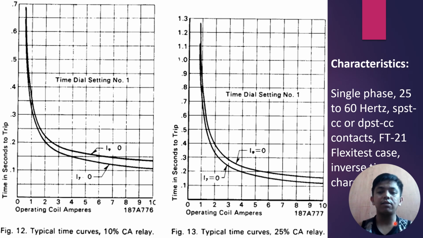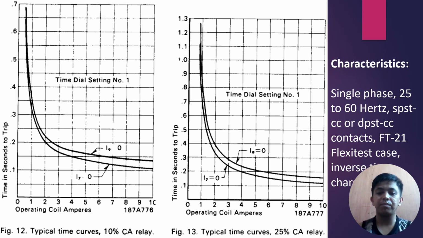As the current increases, the relay trips faster. So this is an inverse time characteristic.